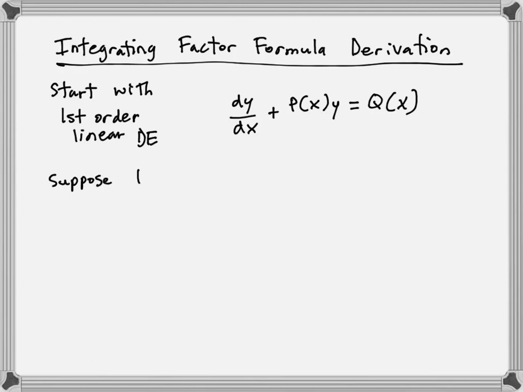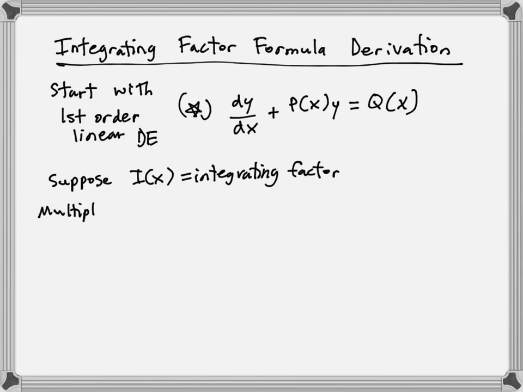So suppose I of x is equal to the integrating factor. We're going to pretend that I of x is an integrating factor and find out what it would have to be to make the previous method that we just did work. So we're going to call this guy star. What I'm going to do is multiply the equation star by I of x.